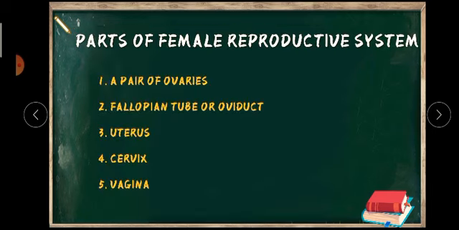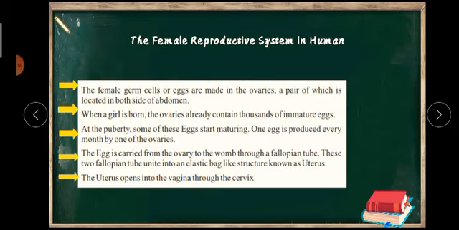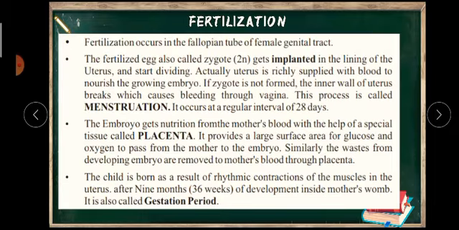When the egg is fertilized, it implants into the lining of the uterus, which is richly supplied with blood and supplies nourishment to the growing embryo.